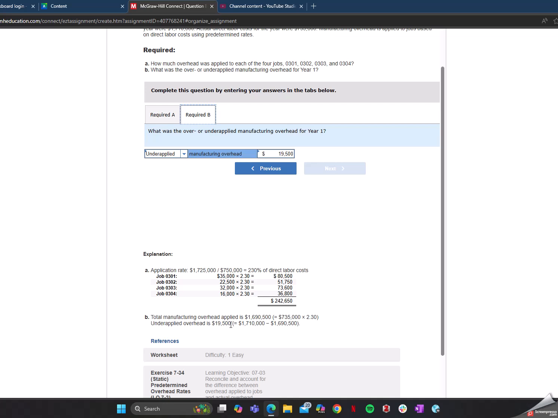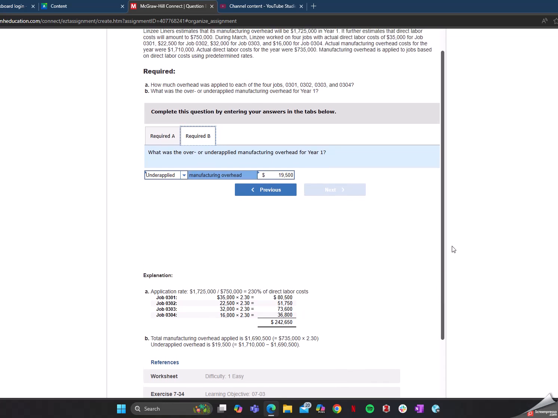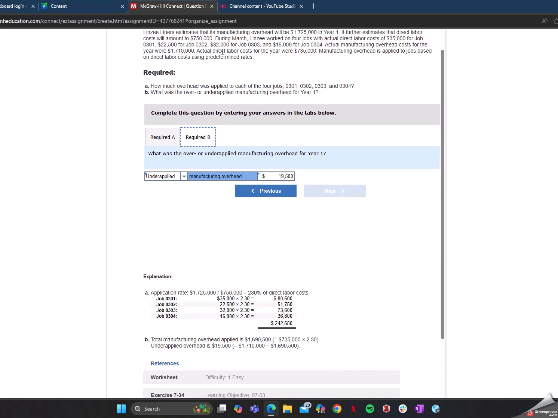So our total applied is going to be the 735,000 total of direct labor costs, actual labor costs for the year, times the 2.3, or 230%. Compare that to the actual that we actually incurred, which is the 1,710,000, and then that gives us an under applied of the difference, which is 19,500.